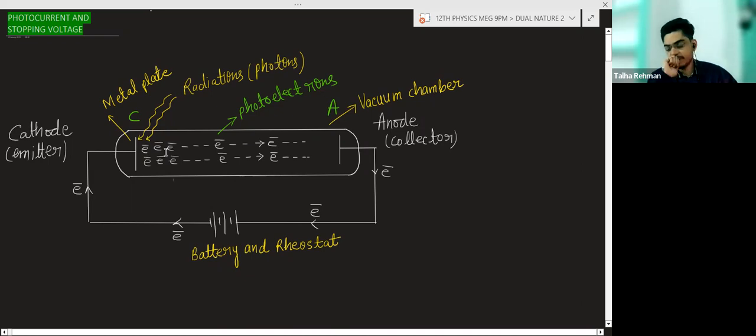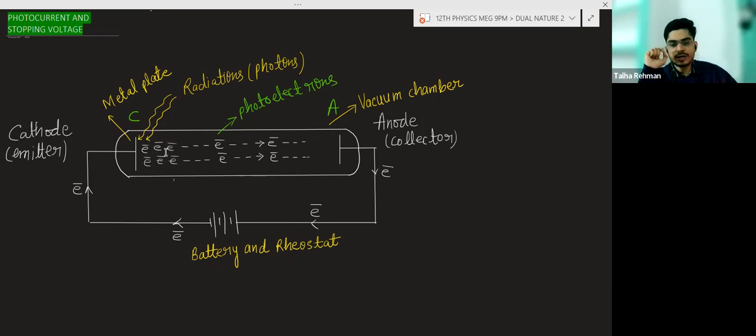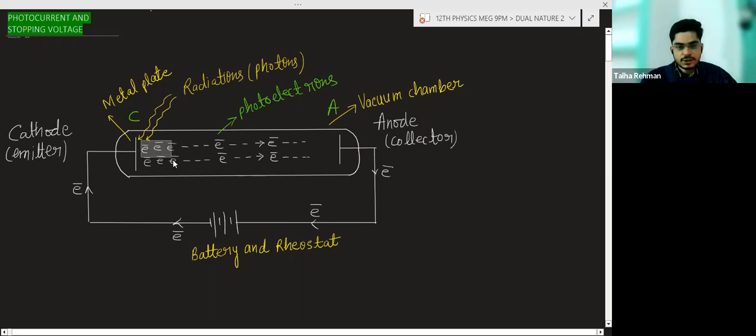What will happen? The motion of the electrons from cathode to anode will be restricted, and due to that there will be less photocurrent. The collection of these electrons here is known as the space charge, because these electrons are in space.